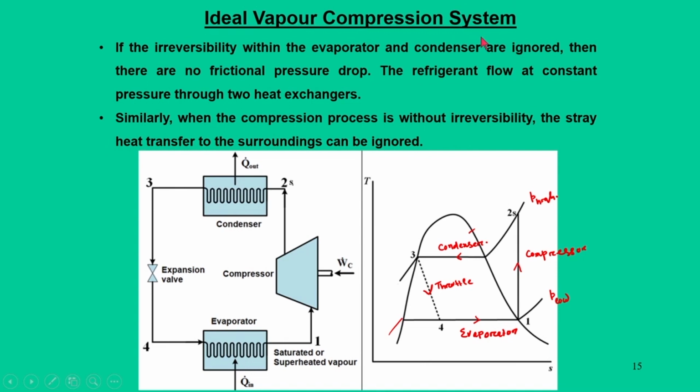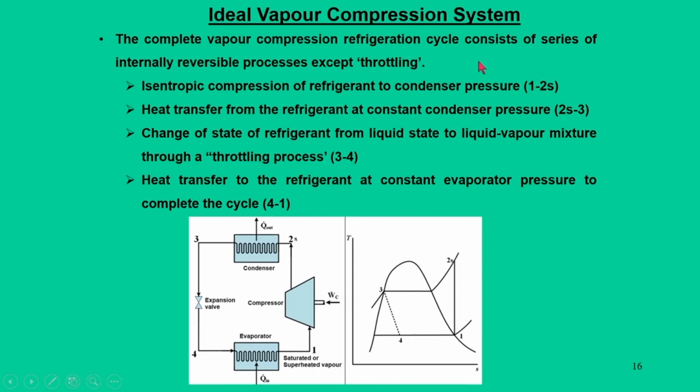That is the minimum requirement that we must have to run a refrigeration system, and we call this a vapor compression system, or many times a vapor compression refrigeration cycle. The complete vapor compression refrigeration cycle consists of a series of internally reversible processes except throttling.